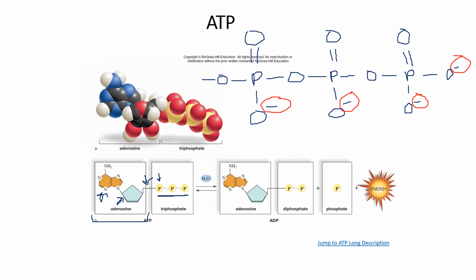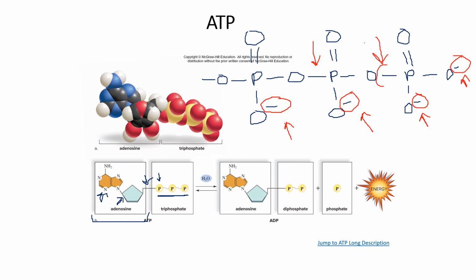So all these negative charges don't want to be near each other. And that means there's a lot of energy in these bonds. So it's why ATP has so much energy and why it's the energy molecule.